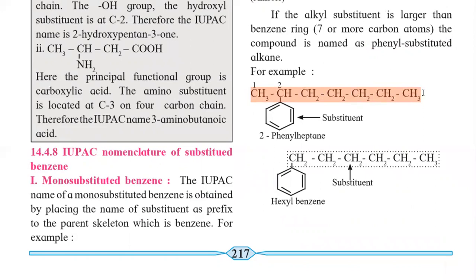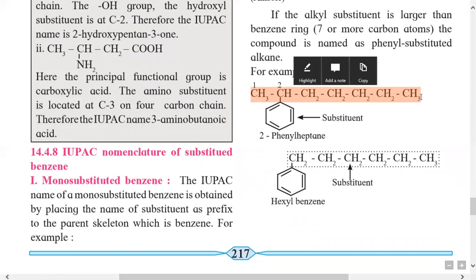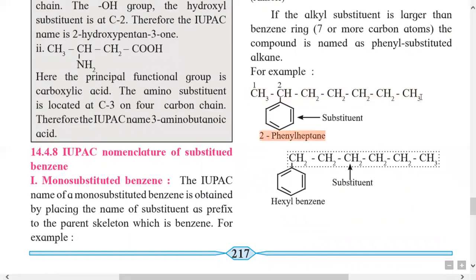It is considered the parent chain and the side chain here is the benzene ring, and when benzene ring is a side chain it is named phenyl. It is present on the second carbon, hence the correct IUPAC name will be 2-phenyl heptane.